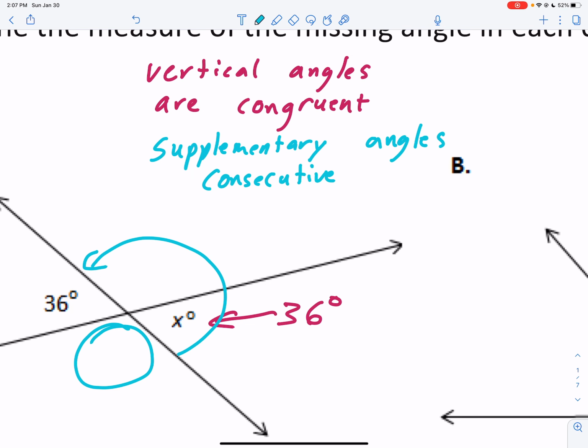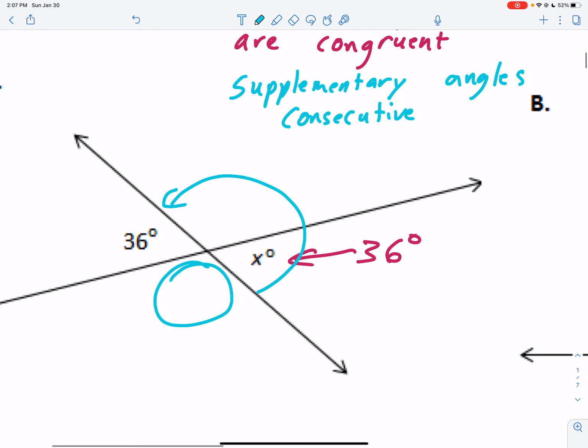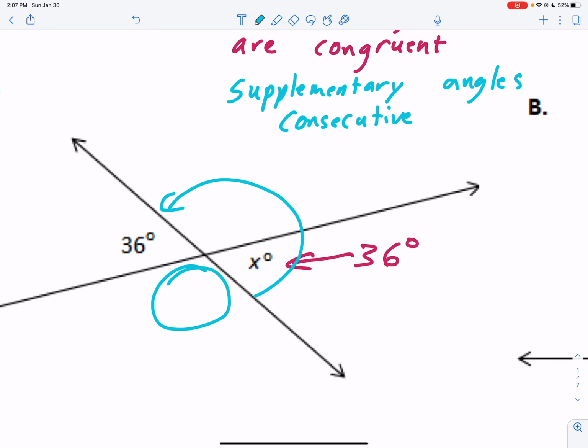Consecutive angles. Whatever, y'all can look up the spelling. This is the first time I've had an issue with this word, but I'm tired. It's a Sunday, and I'm doing this for y'all. So consecutive angles around a line are 180 degrees. The angle measurements equal 180 degrees when you add them together.